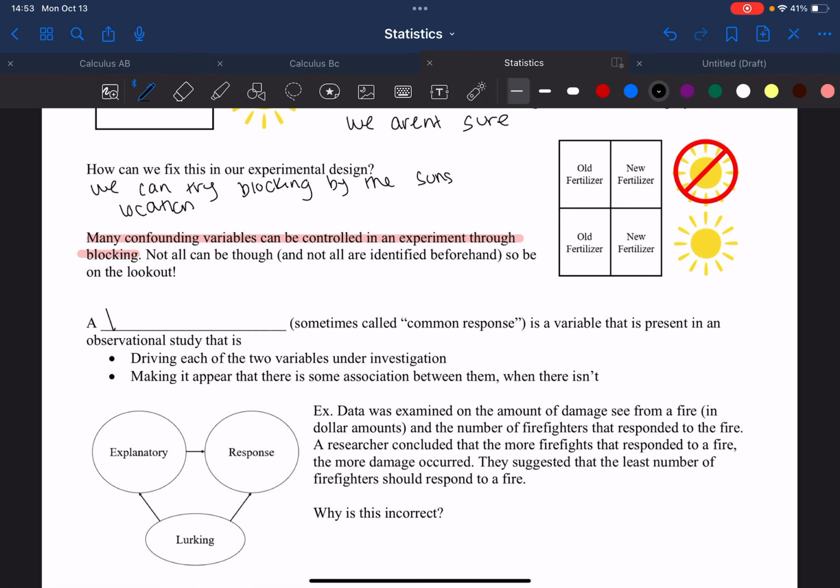A lurking variable, sometimes called a common response, is a variable that is present in the observational study that is driving each of the two variables under investigation and making it appear that there is some association between them even when there isn't.